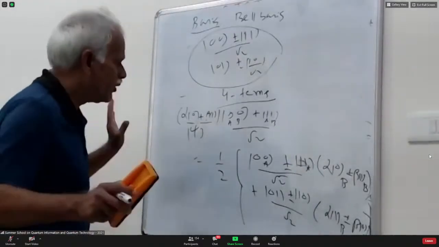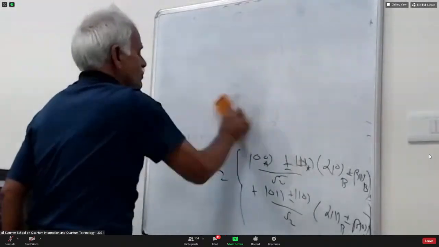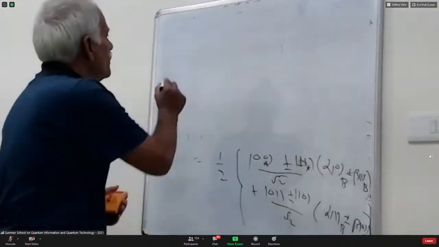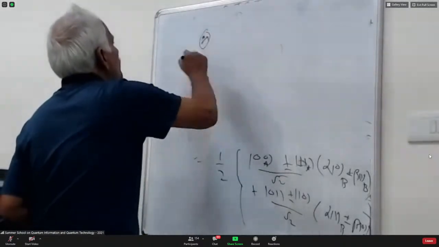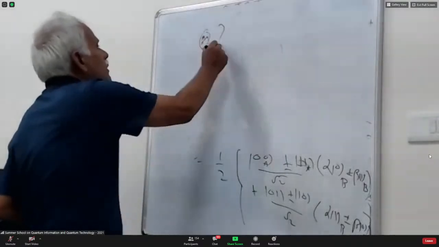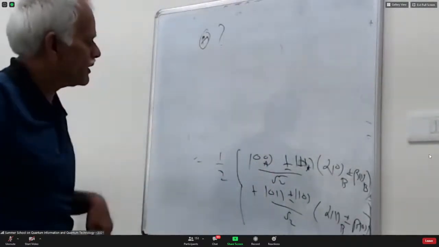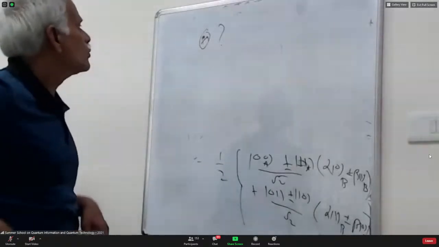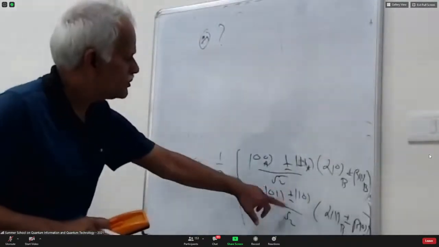So once I have done it, then you ask, after measurement, what will happen? You take some measurement like this arrow, what will happen? So we agreed out of these 4, any of them can be obtained by Alice. So there will be 4 choices. This or this, this or this.